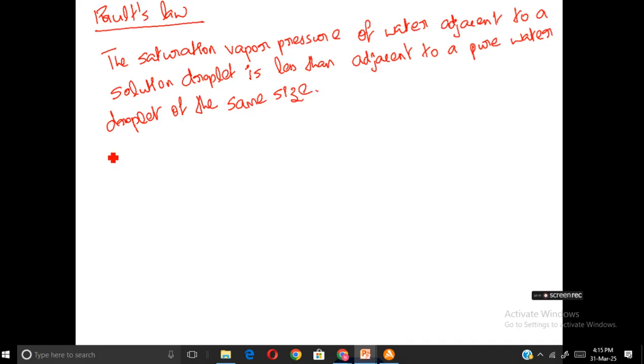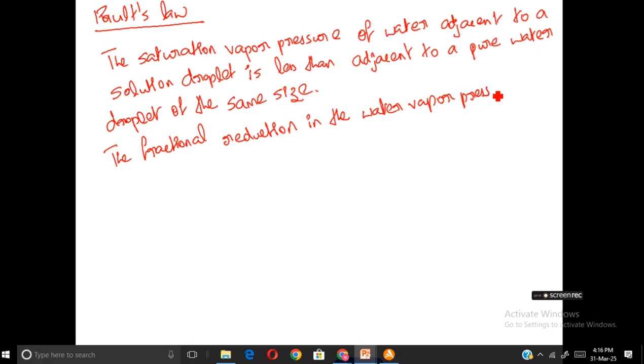This fractional reduction in the water vapor pressure is given by Raoult.